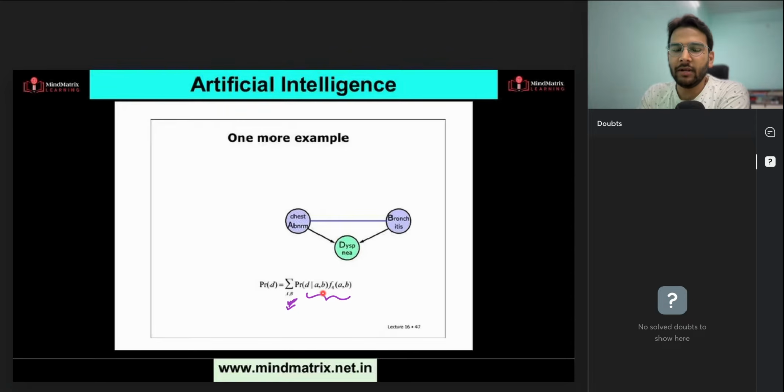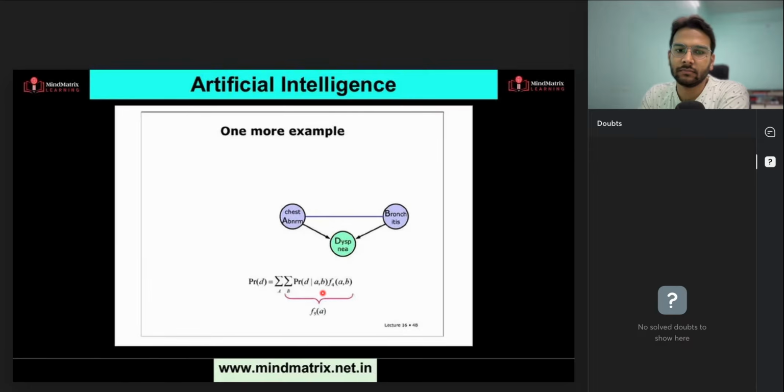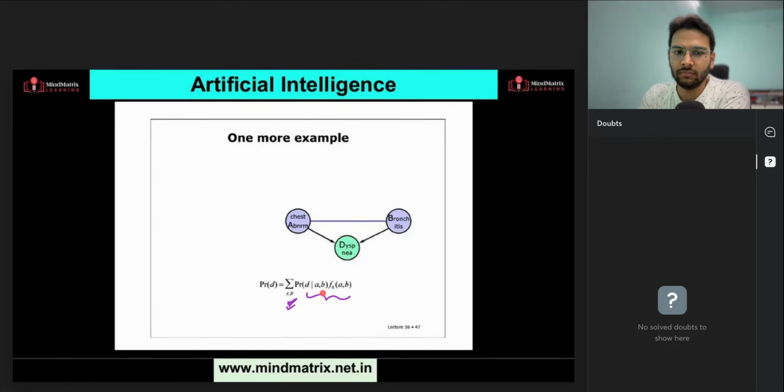So only the variable, if I'm summing over b, a will also be present, right? Okay, so actually as we are finding the probability of d, we can ignore this d, because ultimately we are finding d given something, right?